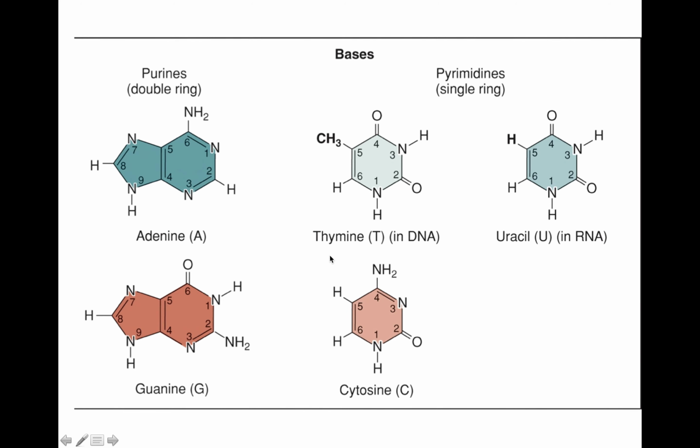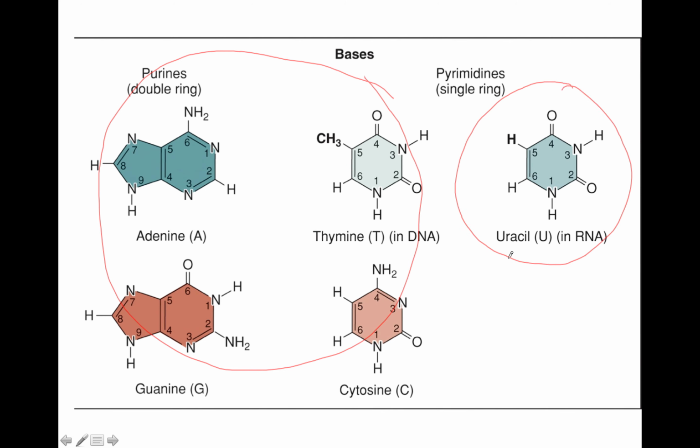What about the bases? So here are 5 different bases that we can find in nucleic acids. These 4 are found in DNA. This is found in RNA, uracil. Uracil takes the place of thymine in RNA. Okay, but RNA also has cytosine, guanine, and adenine.